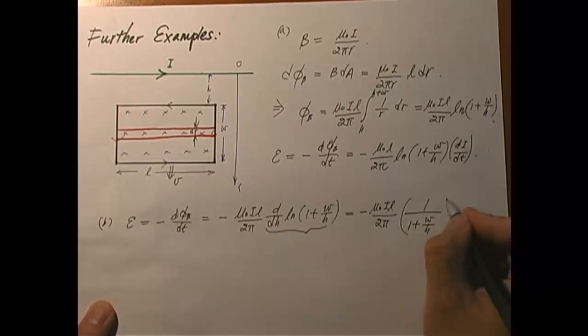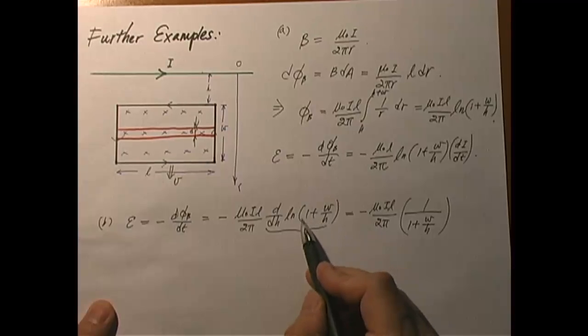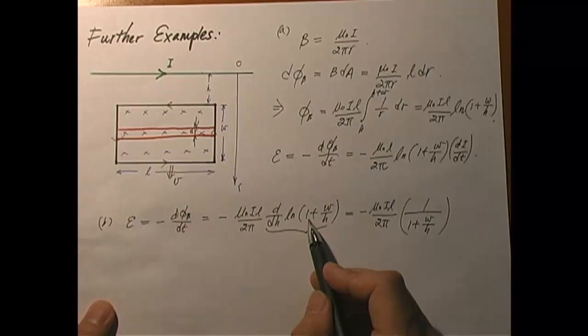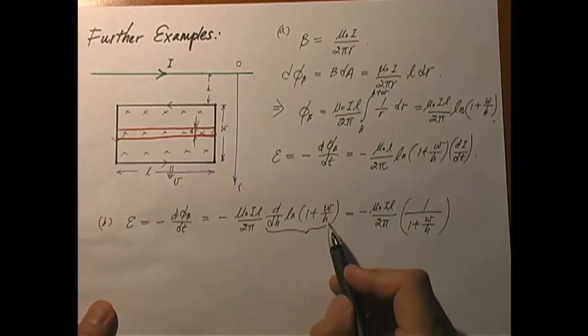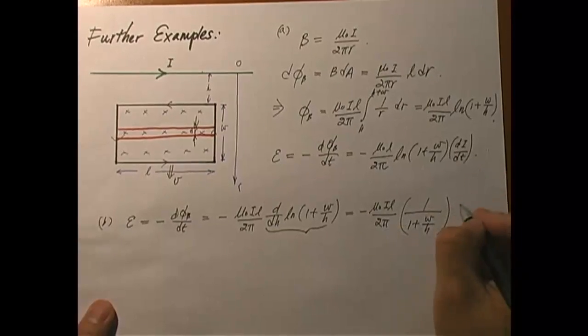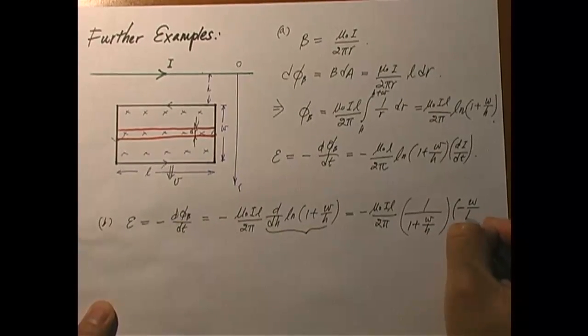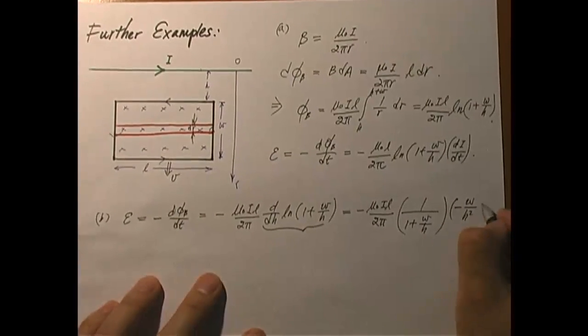That's the first thing you get. And then you differentiate with respect to the argument inside, right? The argument is 1 plus w over h. You take the derivative with respect to h of this quantity. 1 is gone, it's just a constant. What do you get? You get negative w over h squared, right? And then don't forget there is also dh dt.